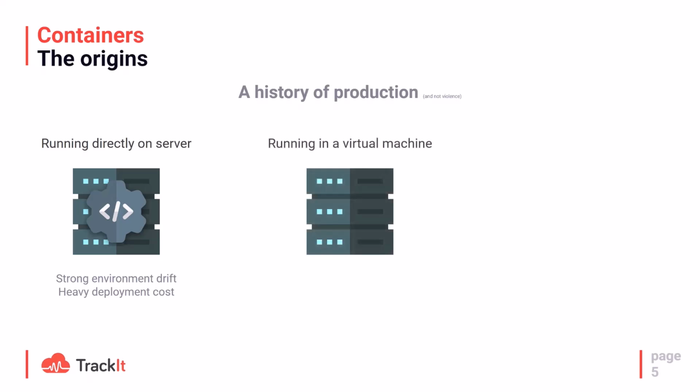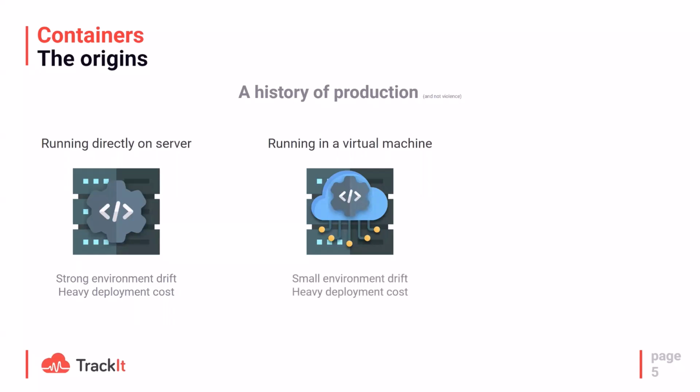So we upgraded and went to the virtual machine, which solves some issues. The idea is to have your physical servers. On top of the server, you run virtual machines, and inside each virtual machine you have your own software. So we are adding a new layer.